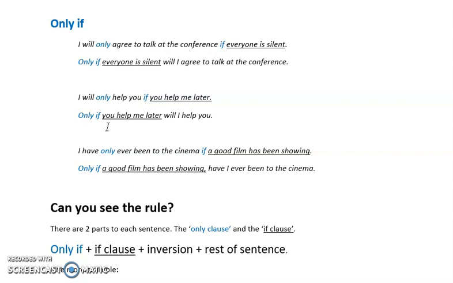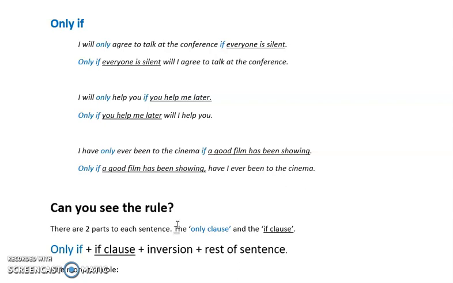Only if you help me later will I help you. My last example. I have only ever been to the cinema if a good film has been showing. Only if a good film has been showing have I ever been to the cinema.